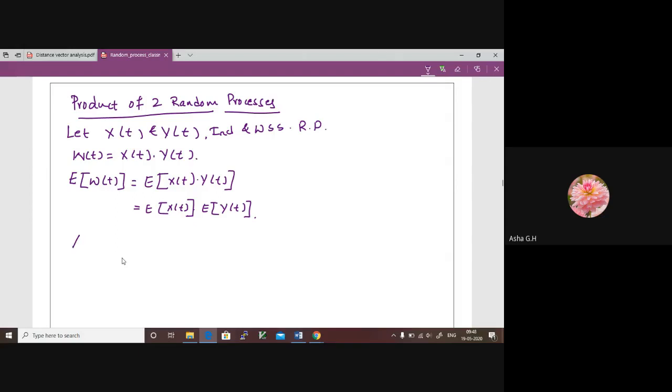Now how do you write the autocorrelation function? This is expectation.